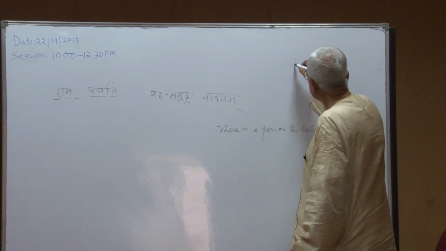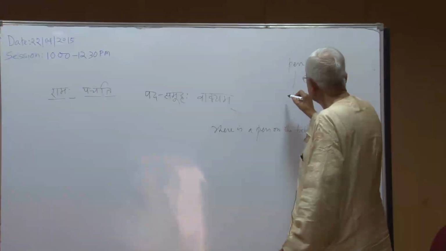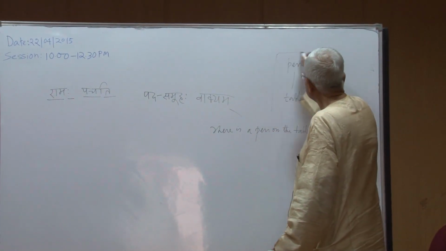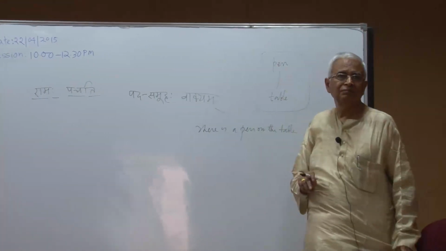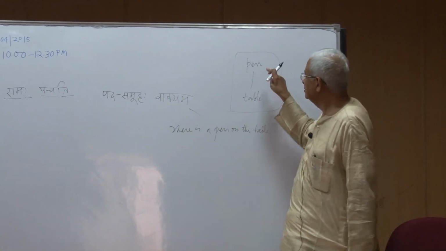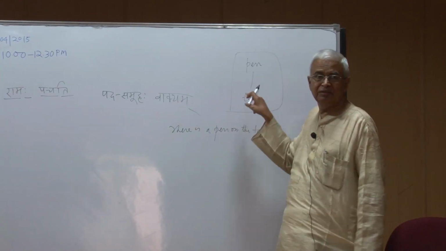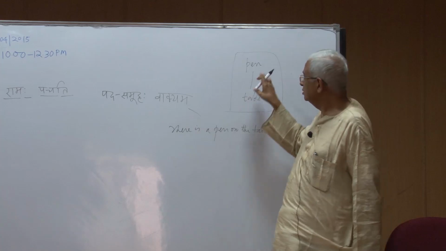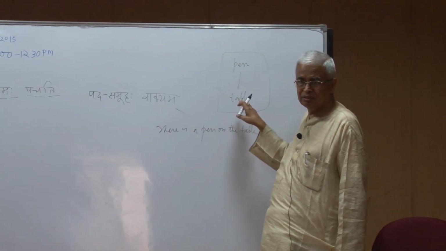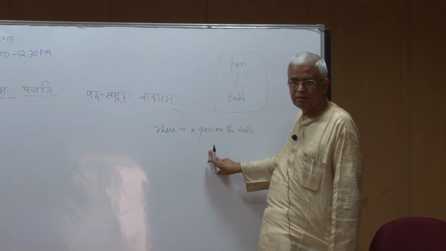I have seen this reality, this yathartha. You see, there is a pen, there is a table, and there is a relationship, contact between pen and table. This is dharma, this is dharmi, and a sambandha. This has been encoded in this. There is a pen on the table.